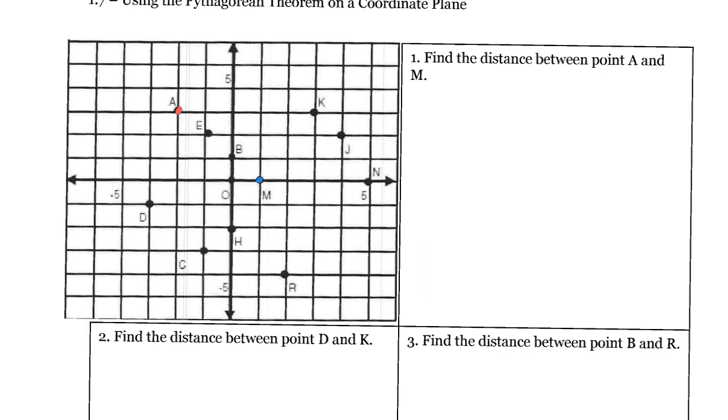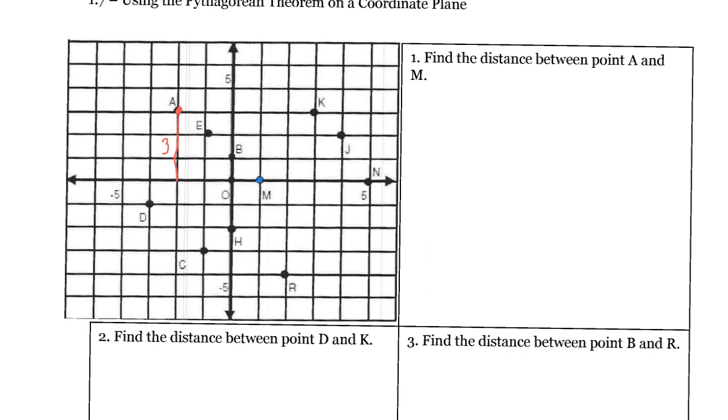Okay, so we want to figure out how far apart they are. So I'm going to count the blocks down to get to M. 1, 2, 3. So we went down 3 blocks. We're going over 1, 2, 3 blocks.